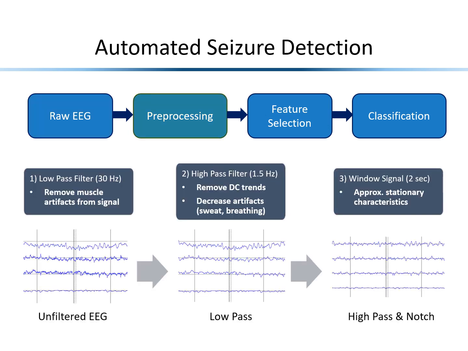A low-pass filter is used to remove muscle artifacts or other types of artifacts from the signal. High-pass filtering is used to remove DC trends and very slow drifts. Oftentimes, a notch filter is applied as well, and this will remove the influence of the power line. And finally, the EEG signal is windowed into short 1 to 2 second intervals, which provide approximately stationary signal characteristics.